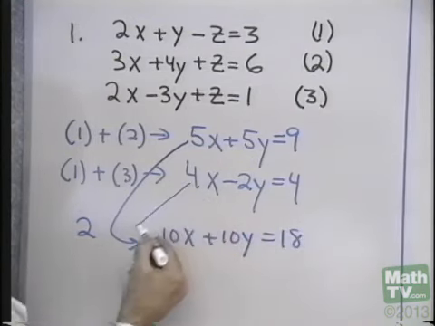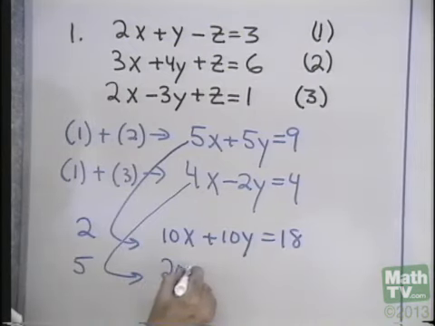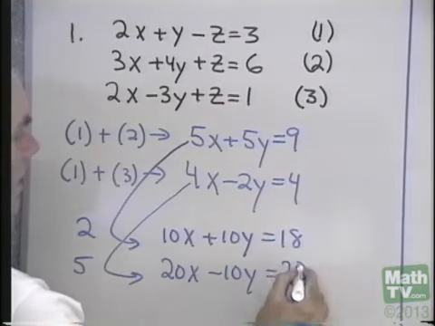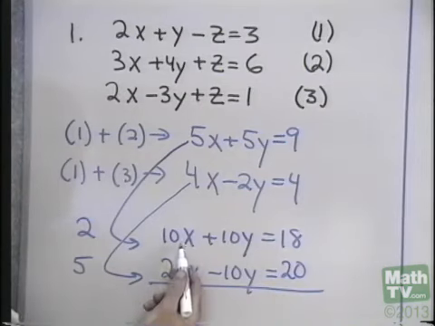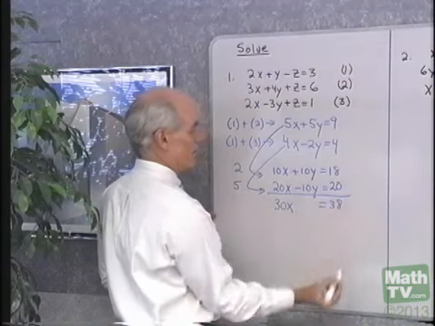Then I'll multiply the second equation by 5, and I'll have 20x minus 10y is equal to 5 times 4 is 20. Now when I add them together, 10x plus 20x is 30x, plus 0y is equal to 38.